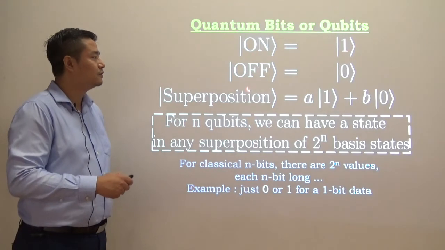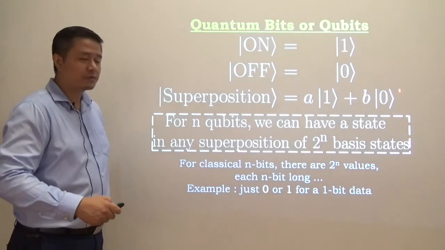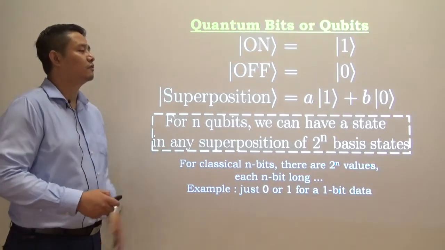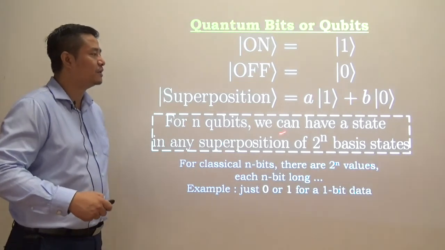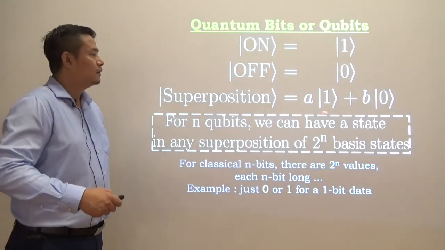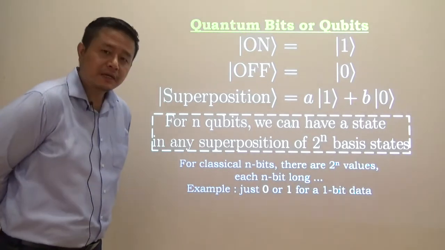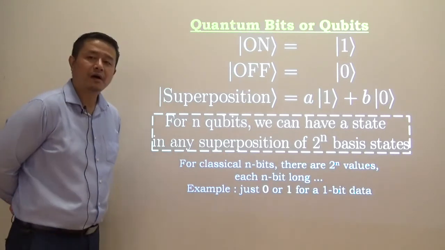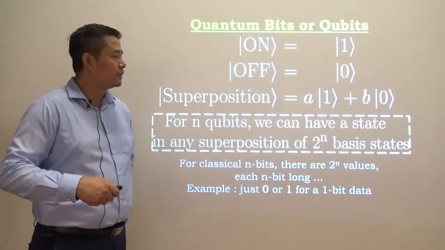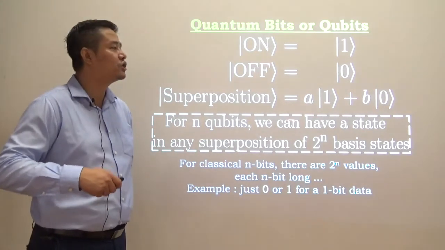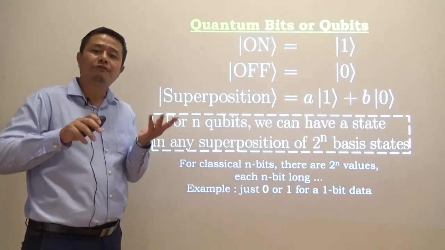On state is 1, off state is 0, and superposition means an addition or linear combination with certain coefficients A and B. This is called superposition. So in quantum computation, apart from having an on state or off state, we can have a combination of on and off, which is partially on, partially off.